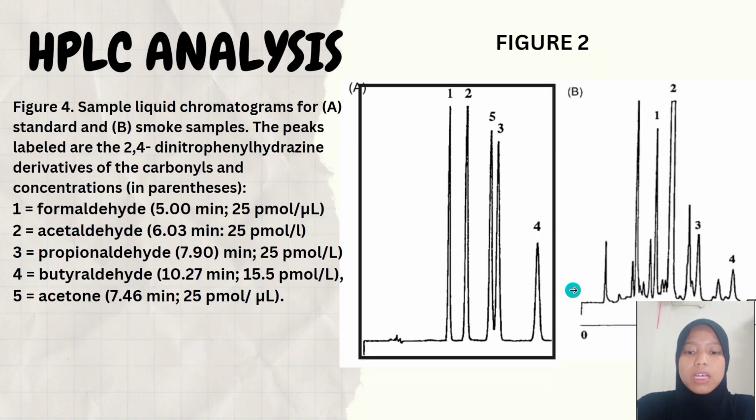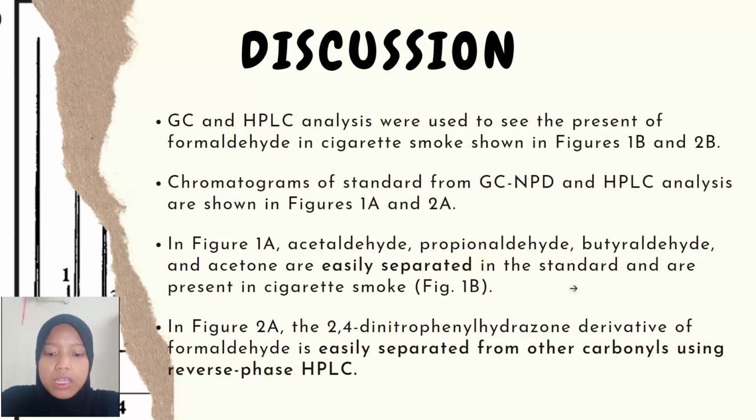For HPLC analysis, figure 2a is the result for the HPLC standard, while the next one, figure 2b, is the smoke sample for HPLC analysis. In this experiment, GC and HPLC analysis were used to see the presence of formaldehyde in cigarette smoke, although as we can see, the acetaldehyde seems to be present in large amount.